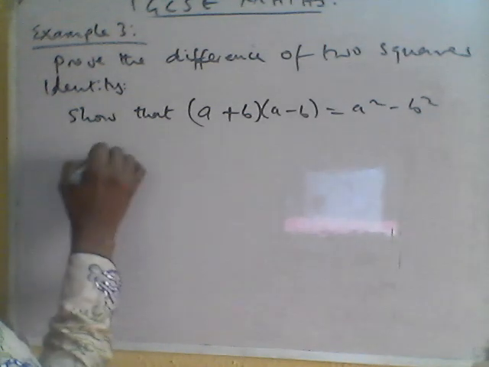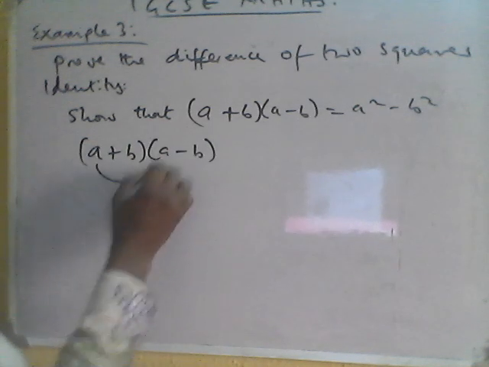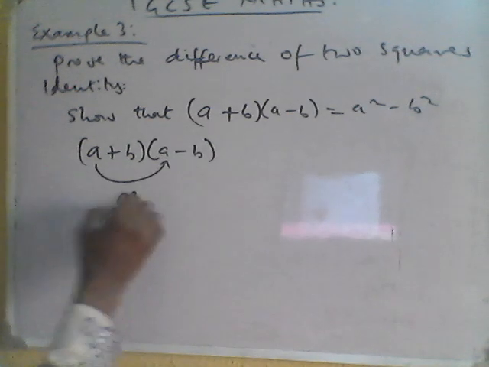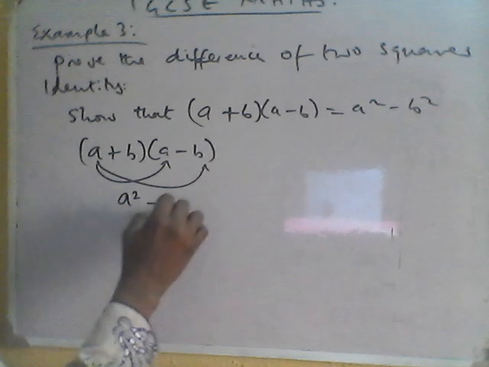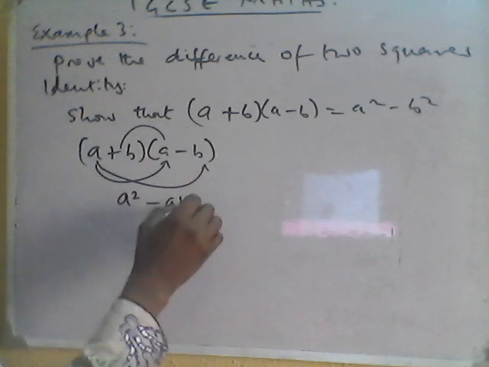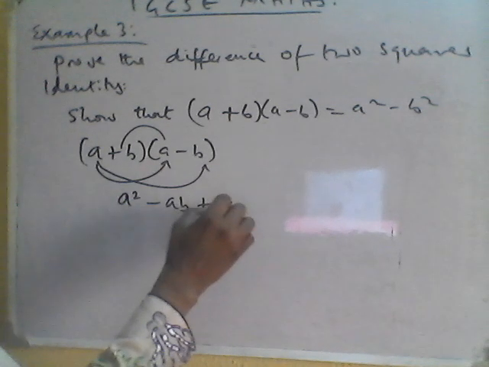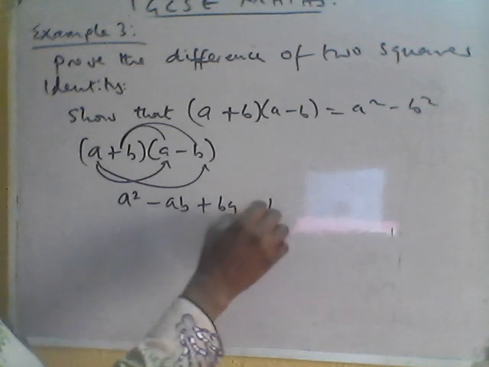So again, (a + b)(a - b): a multiplied by a gives a squared. Same a multiplied by minus b gives minus ab. Then plus b multiplied by a is plus ba, and plus b multiplied by minus b gives minus b squared.